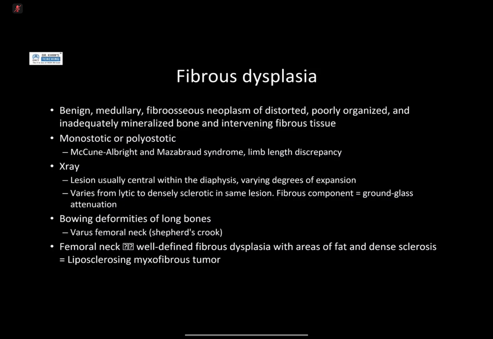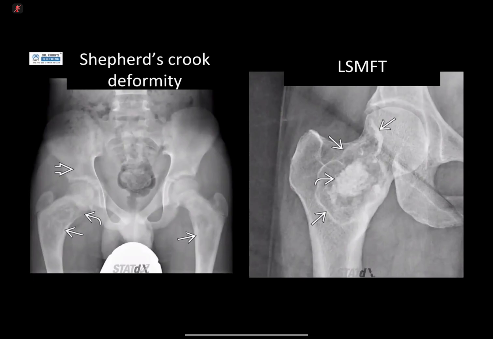A good note just to put in here is, the first image shows a nice example of the shepherd's crook deformity. The second image shows a lesion which I'd like you to be aware of. Sorry. Okay.